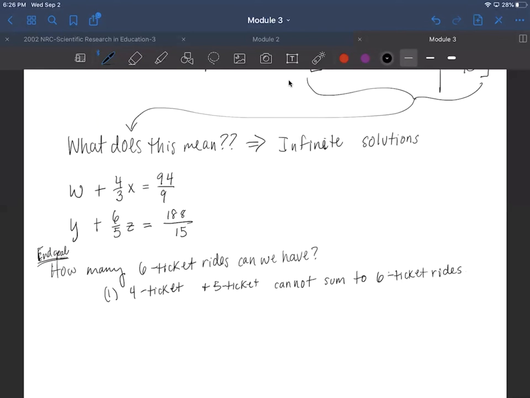Only 3 and 6 ticket rides can do that, all right?